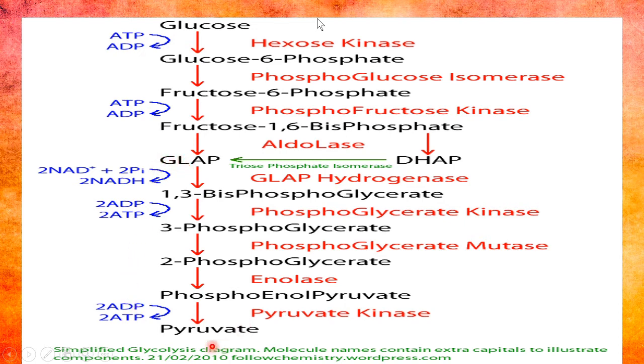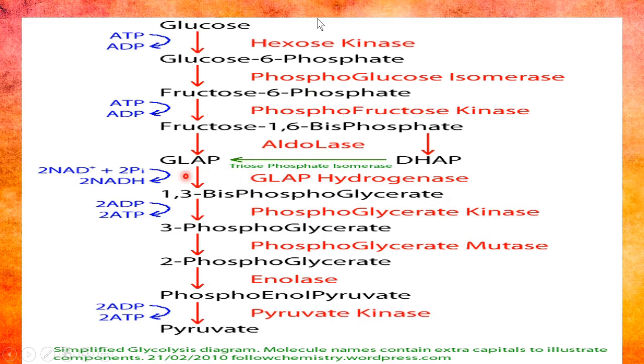Now we see the second phase of glycolysis, that is the payoff phase and oxidative phase, starting from 3-phosphoglyceraldehyde to pyruvate. Now we see the sixth step of glycolysis and first step of the payoff phase, that is phosphorylation. What happens here? In the presence of the enzyme phosphoglyceraldehyde dehydrogenase, 3-phosphoglyceraldehyde undergoes dehydrogenation, it means oxidation.